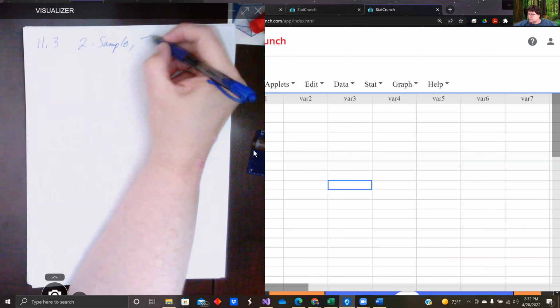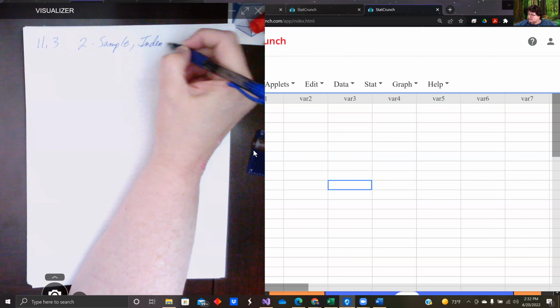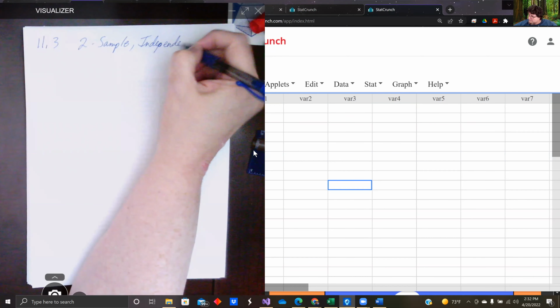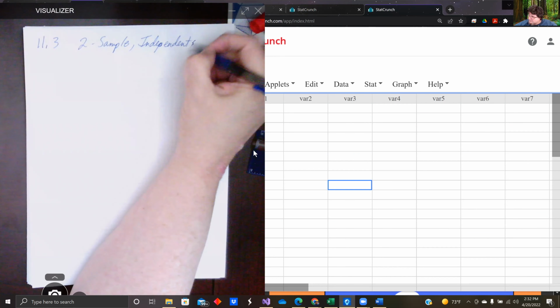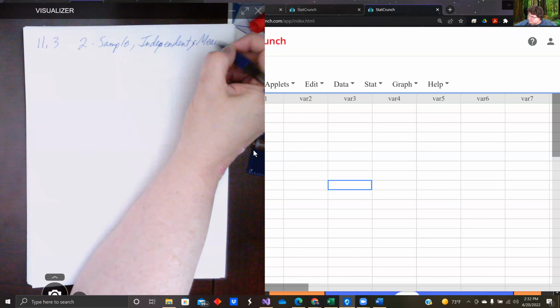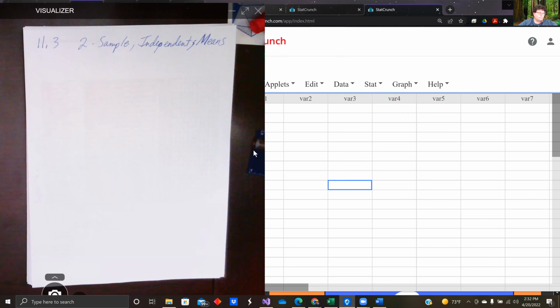Or two sample independent, and we're doing means. This is when there's two groups and we're going to compare the mean of each group.